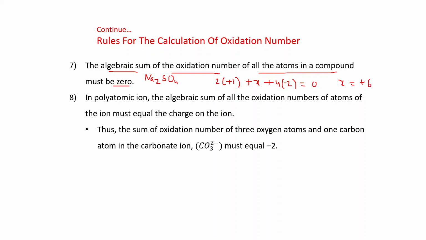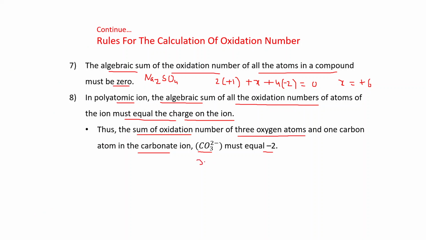In a polyatomic ion, the algebraic sum of the oxidation numbers of all atoms of the ion must equal the charge on the ion. For example, the sum of the oxidation numbers of 3 oxygen atoms and 1 carbon atom in the carbonate ion, CO3 2-, must equal -2. By using this rule, we can find the oxidation number of carbon in the carbonate ion.